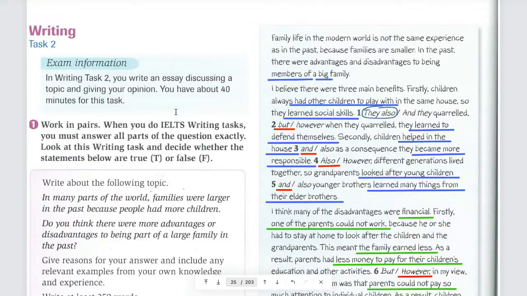The second paragraph is for the 3 benefits. Yeah, that means the main meaning of the paragraph, to say what the paragraphs are about. Okay, to say what the paragraphs are about.